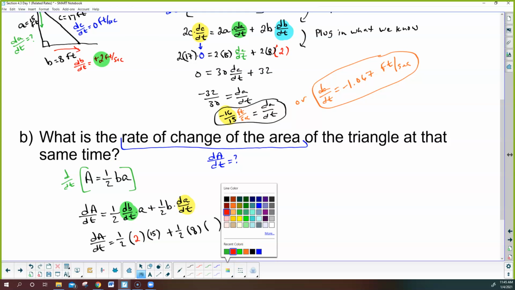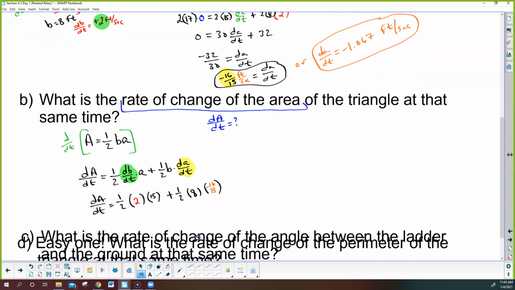And then our answer from part A was the rate at which A was changing was negative 16/15. And here's where you want to take the fraction, because we technically shouldn't use this answer if it's rounded. The only time you round your answer is when it's your final answer. So that's why I'm going to recommend using negative 16/15.